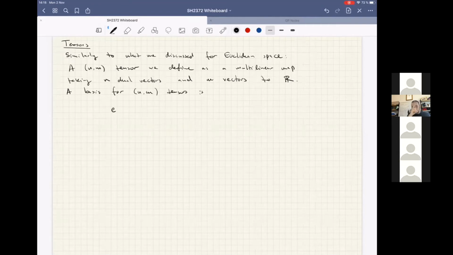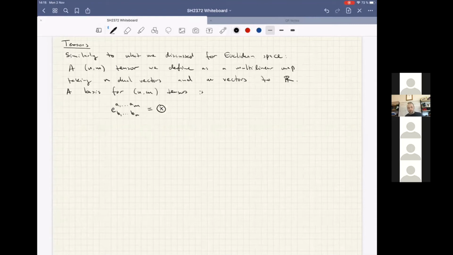We define these basis elements as A1 through Am, so one index per m, and B1 through Bn, so n indices. We define that as the tensor product.